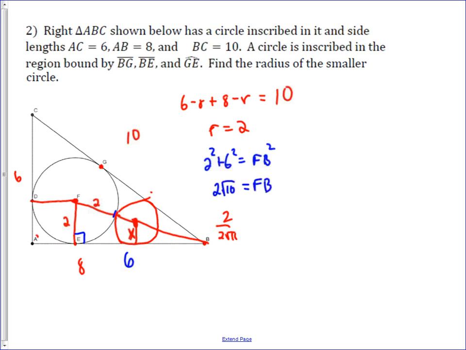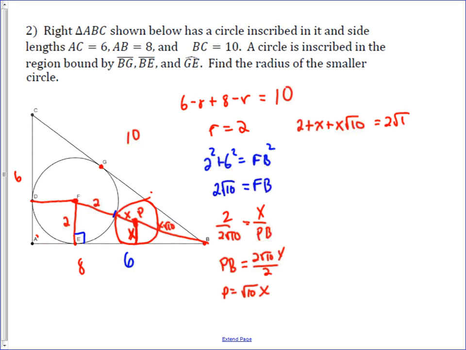So the relationship between this radius x and PB is going to be the same. And so PB is going to equal 2 root 10 x over 2, which turns out to just be root 10 x. Because of that, we know that FB is equal to 2 plus x root 10, right? Because PB is x root 10. But we also know that FB equals 2 root 10.